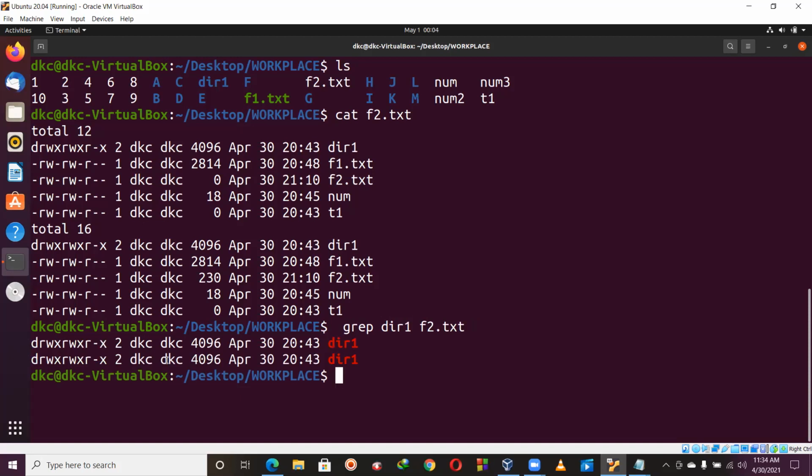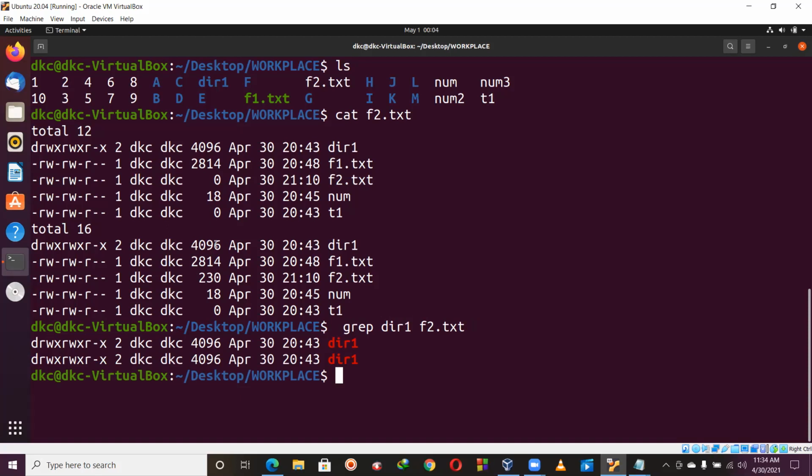As I told you, it displays only those lines in which your desired searched information is present. How many total lines are there in the actual file? 1, 2, 3, 4, 5, 6, 7, 8, 9, 10, 11 lines.